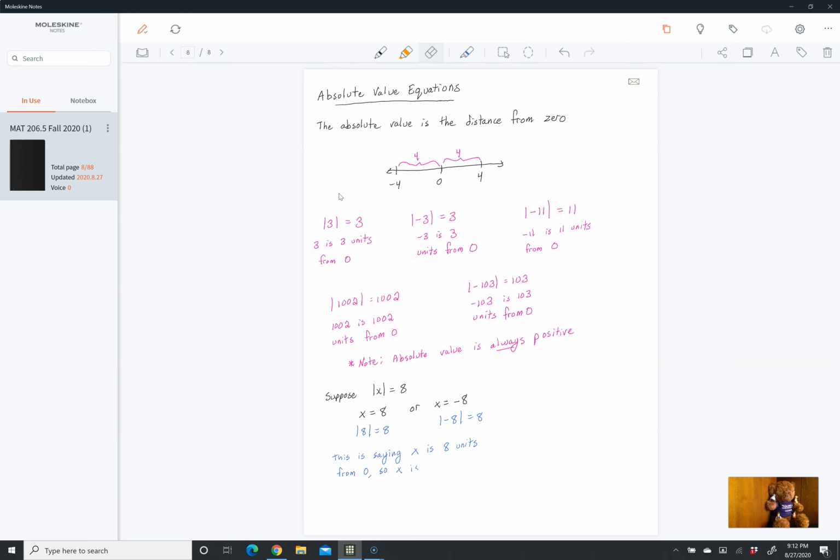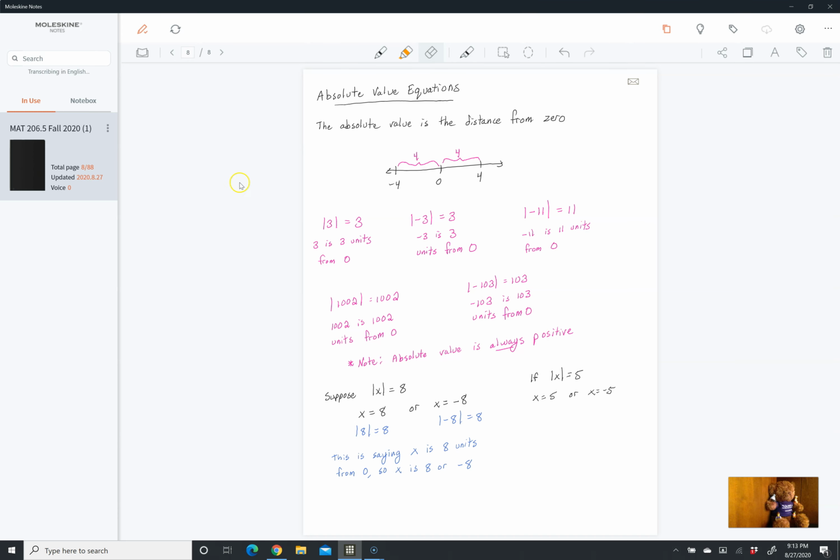So x is either 8 or negative 8. If we say that the absolute value of x is 5, then x can be 5, or x can be negative 5.